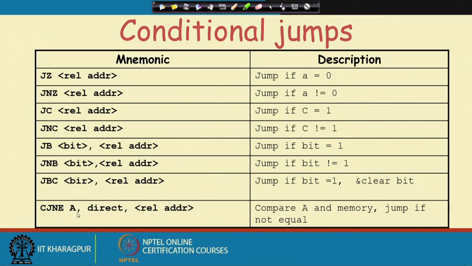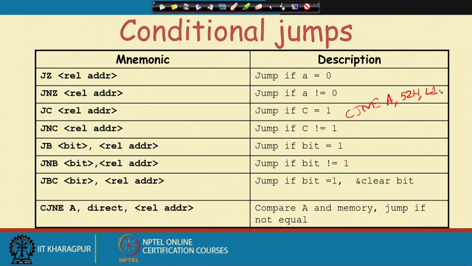Then there is a CJNE instruction. This is a very complex instruction in the sense that it compares the content of a register with a memory location. You can say CJNE A, 52 hex, L1, where the content of A register will be compared with the memory location 52, and if they are not equal, the system will jump to the relative address, otherwise it will not.